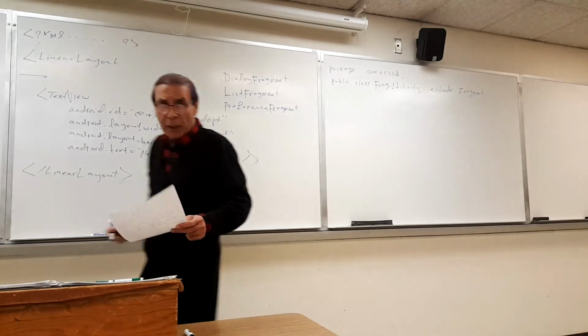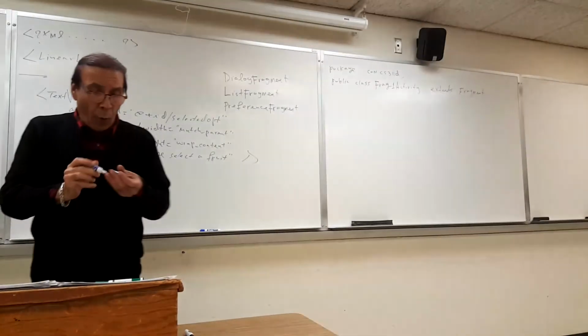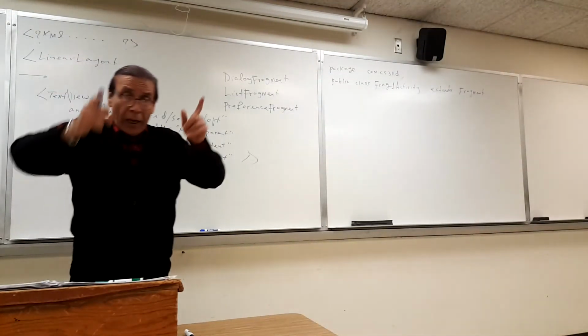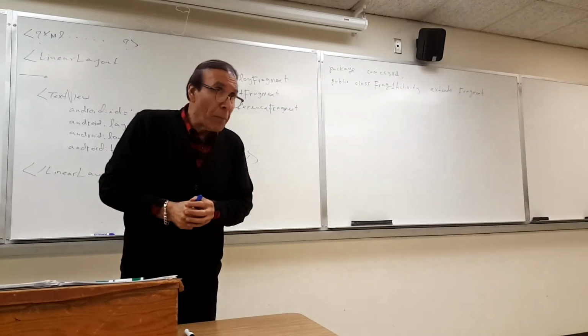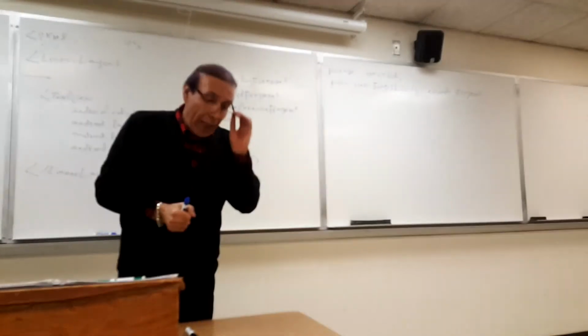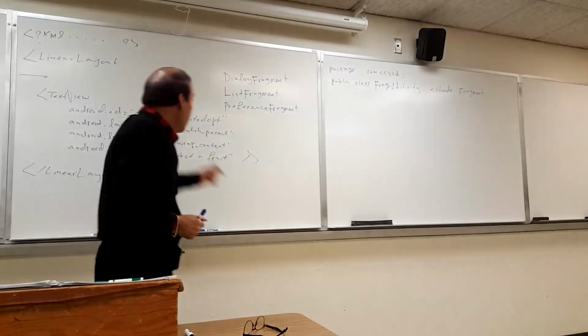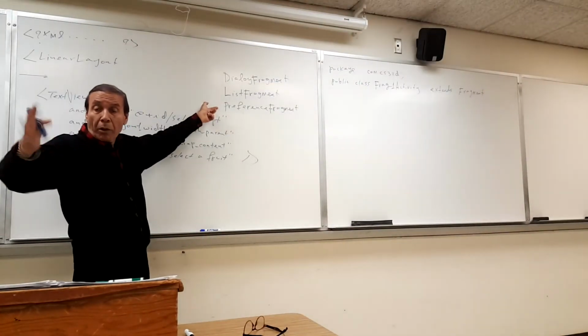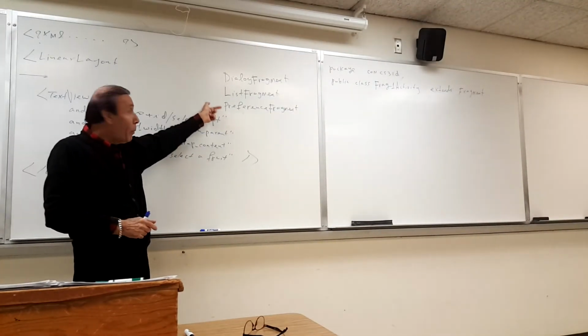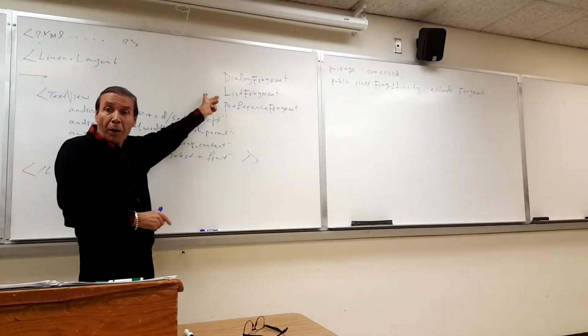The difference between these classes is the way that those callbacks are implemented, okay? For example, in this guy, a couple of callbacks are implemented, but in the other one, some others are implemented, right?